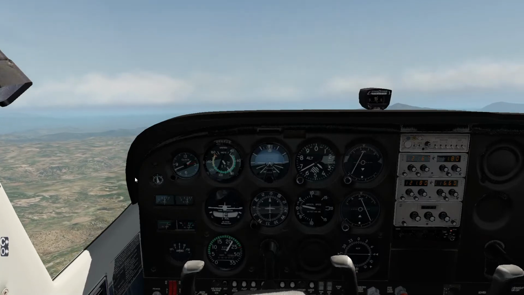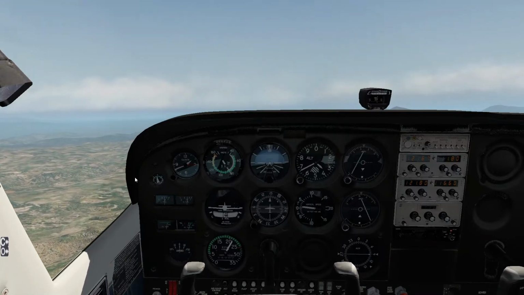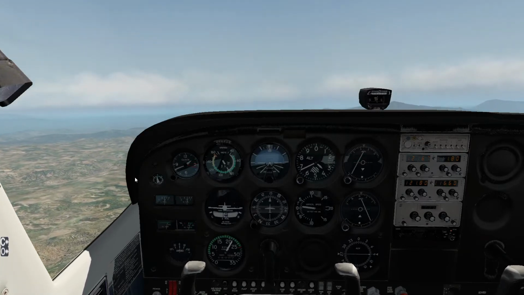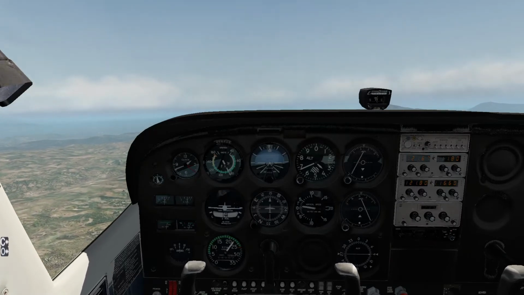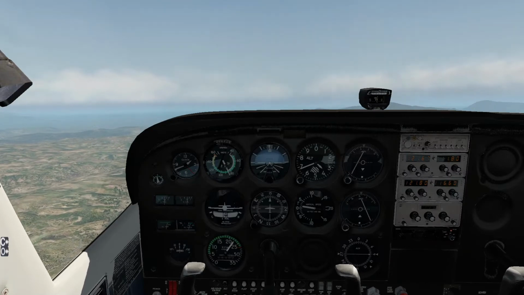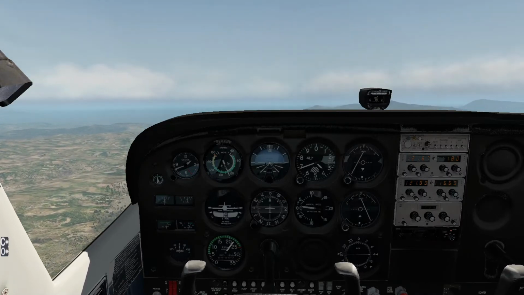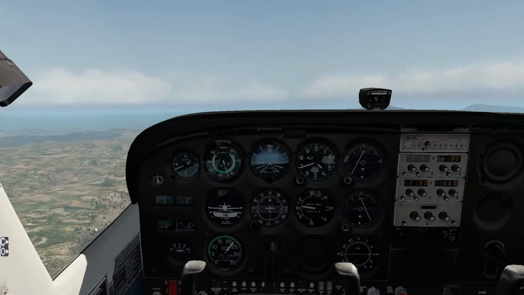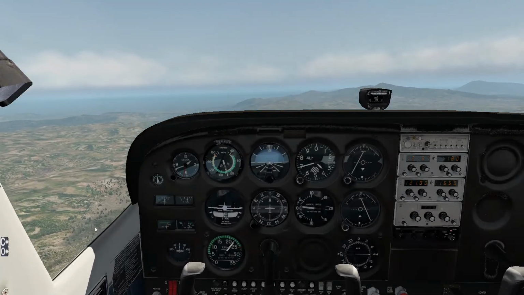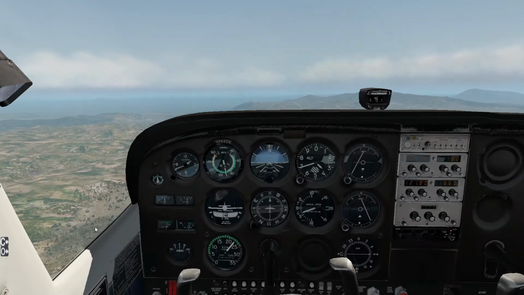And retrim the aircraft. Power set to 2250 RPM approximately for cruising speed. We wait for the aircraft to accelerate a bit, and we trim the aircraft for straight and level flight.